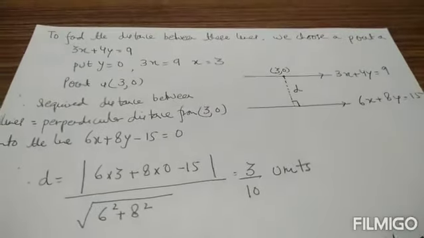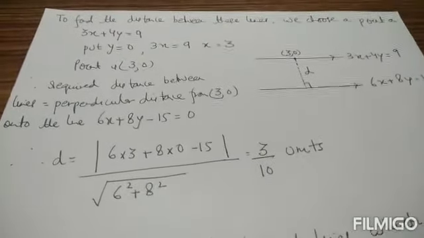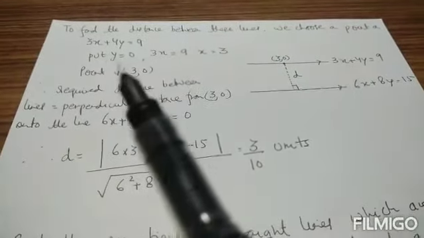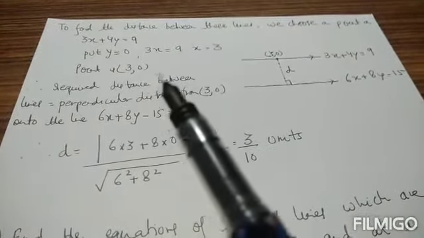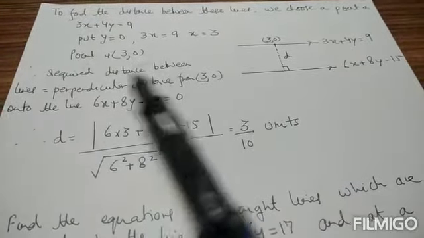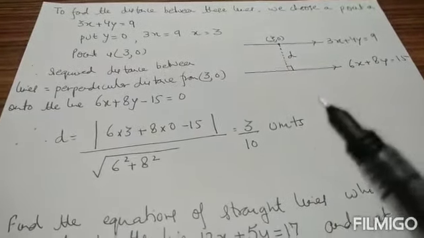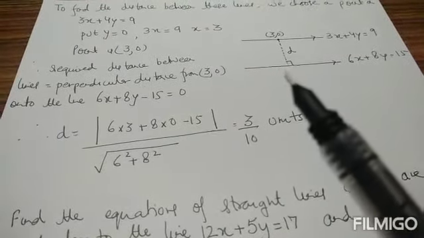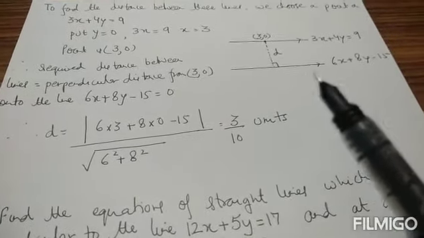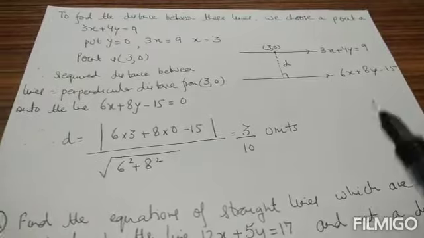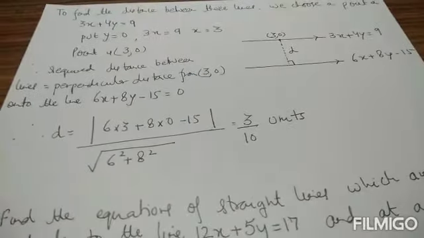Now to find the distance between these lines, we choose a point on the line 3x + 4y = 9. Put y = 0, 3x = 9, x = 3. So the point is (3, 0). So from (3, 0), we are going to find the perpendicular distance onto the line 6x + 8y = 15.